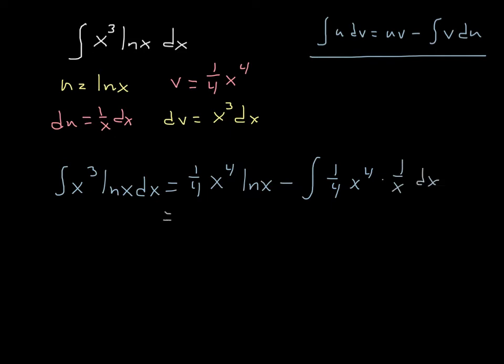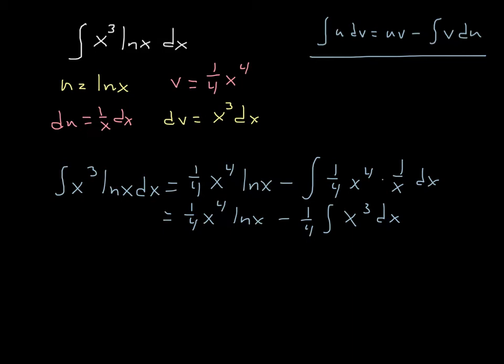And so if I simplify that, I get 1/4 x to the 4th ln x minus, now I'm going to pull the 1/4 out and simplify what I have there, so it's going to be 1/4 times the integral of x cubed dx. Notice the x to the 4th times 1 over x would be x cubed. And now what I have here is something that I can take the integral of. I know the integral of x cubed, it's 1/4 x to the 4th.